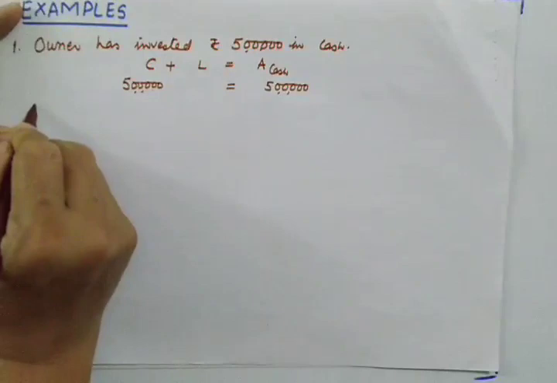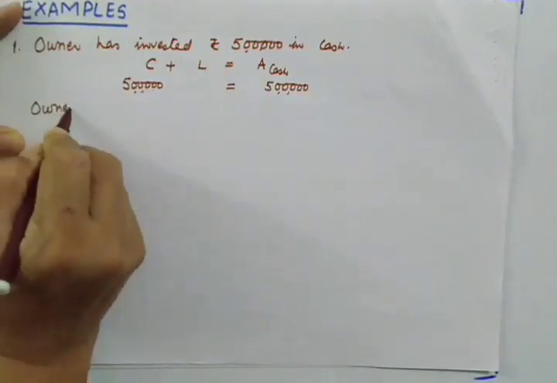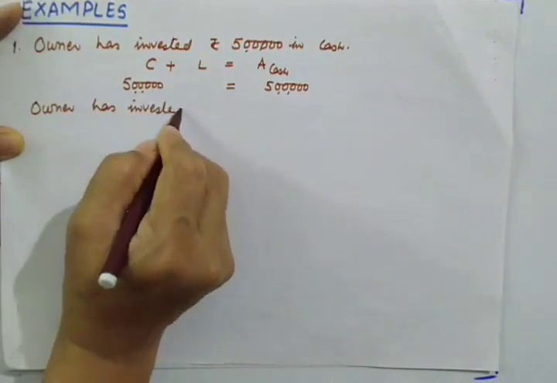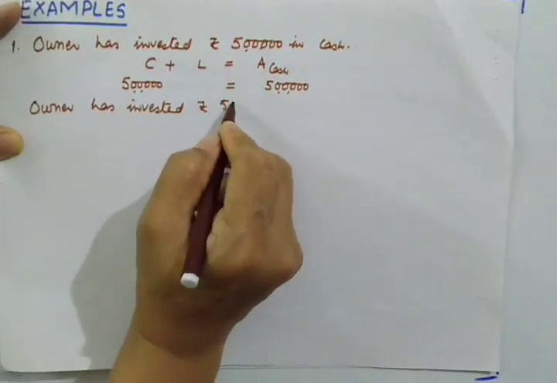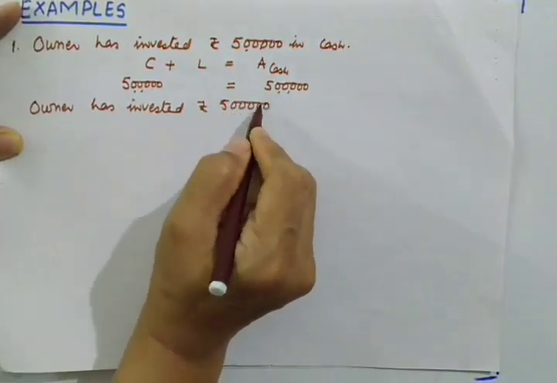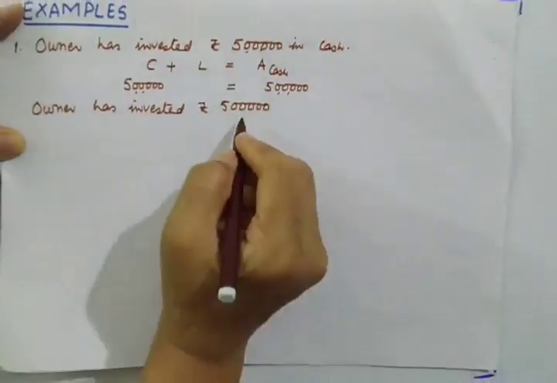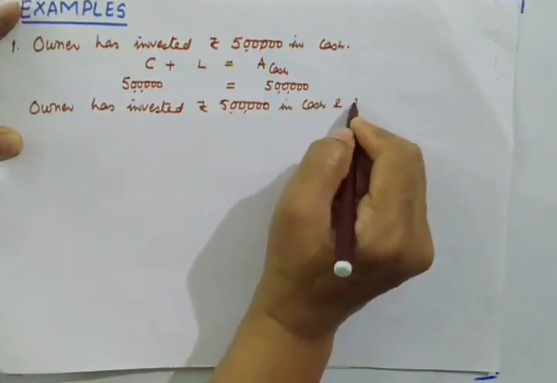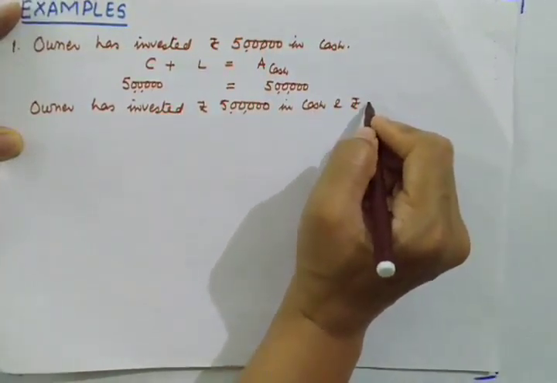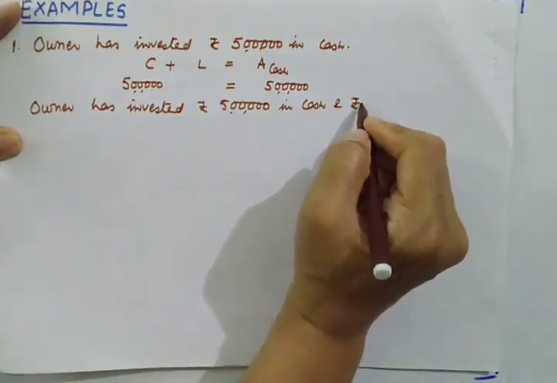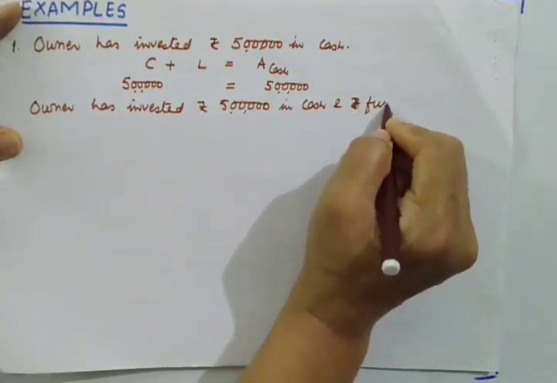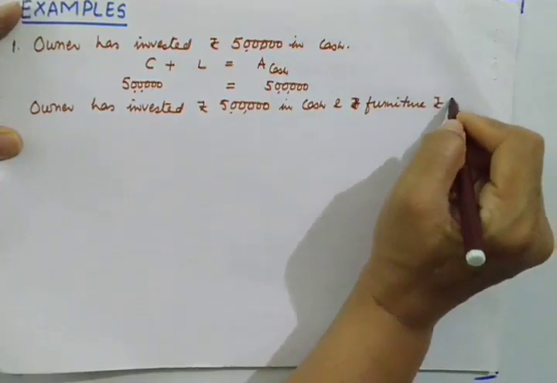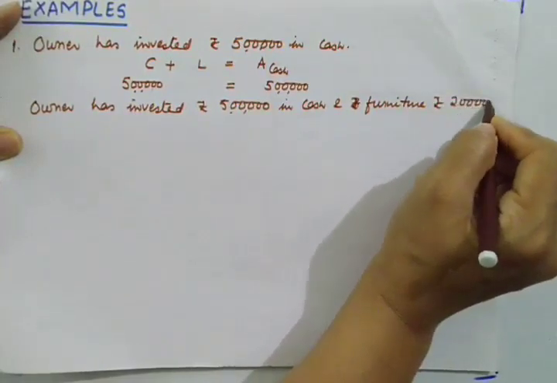In this category, second case, the owner has invested rupees 5 lakhs in cash and, let us say, furniture of rupees 2 lakhs into the business.